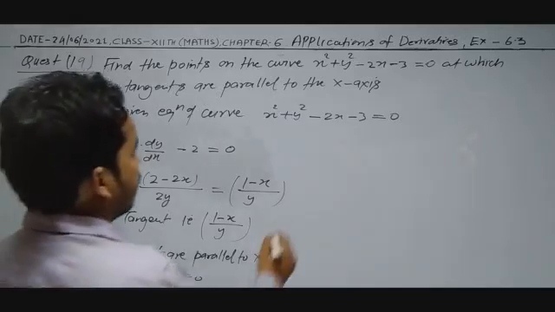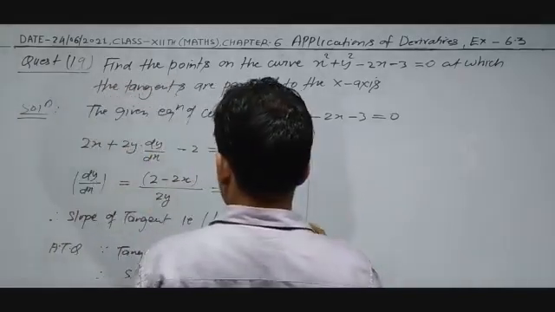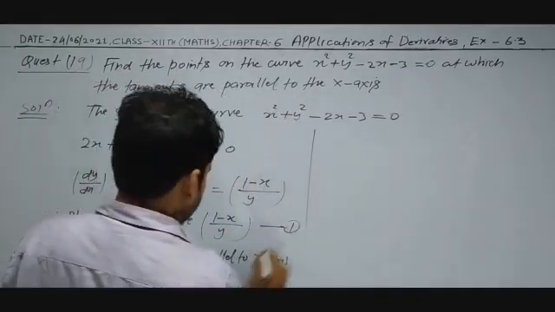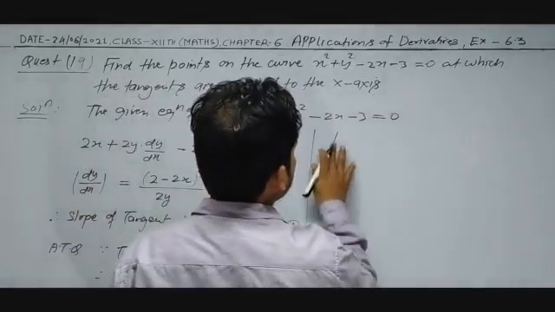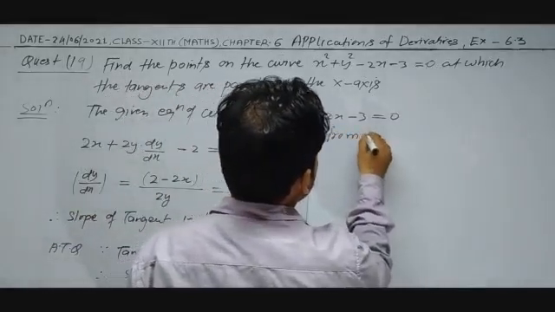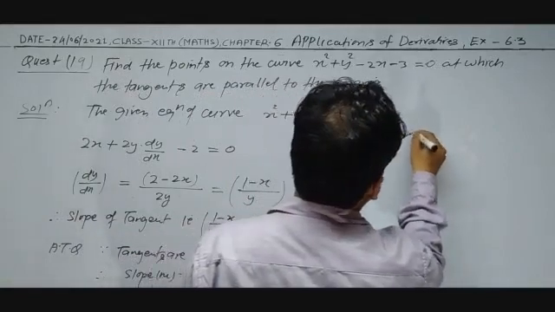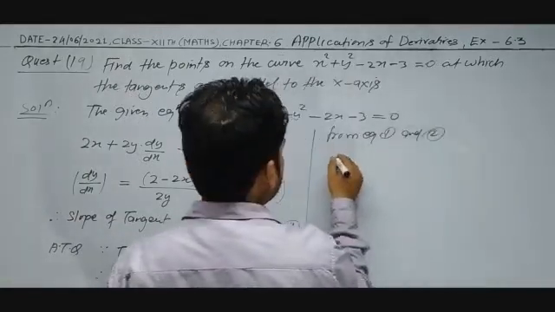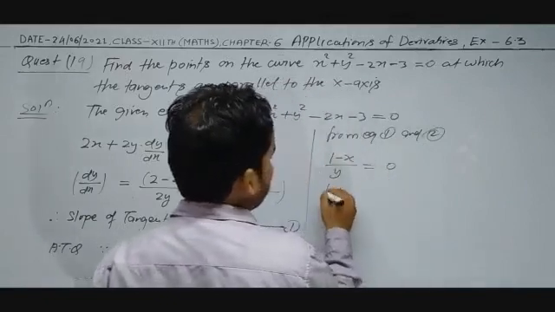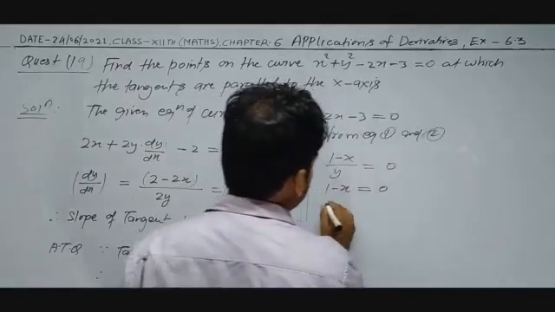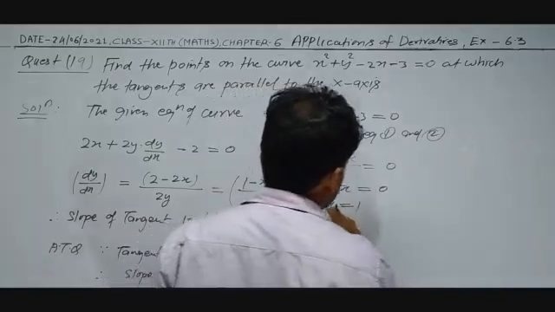Therefore you can say, suppose equation 1 and equation 2, then from equation 1 and 2, (1 minus x) whole upon y is equal to 0. This implies 1 minus x is equal to 0, which implies x is equal to 1.